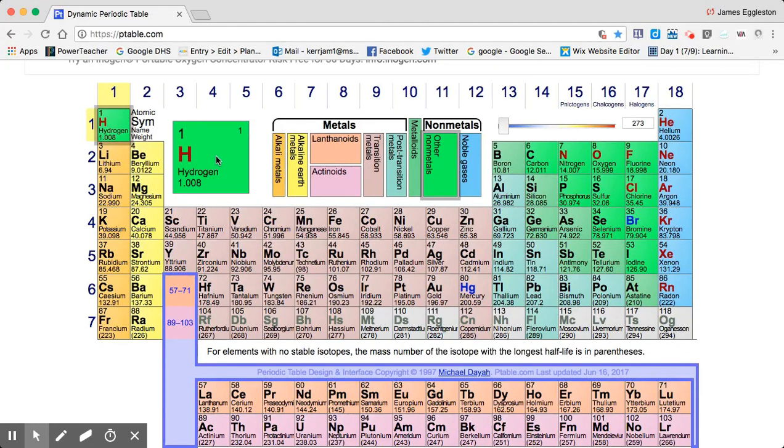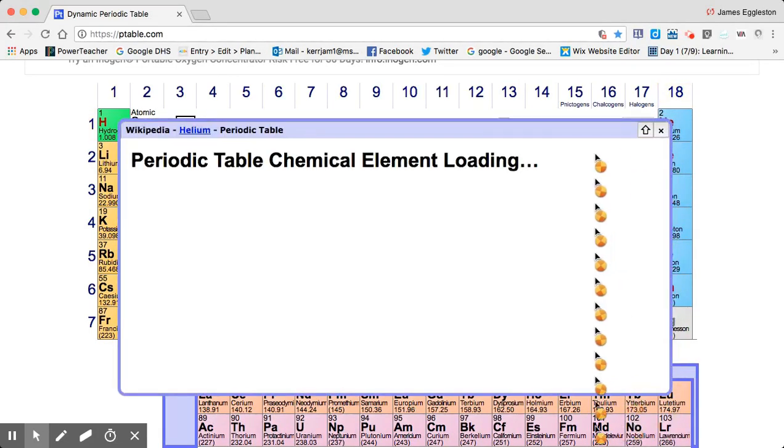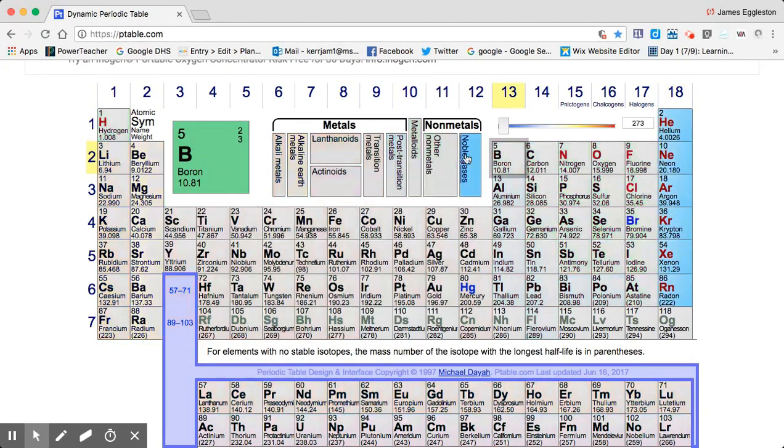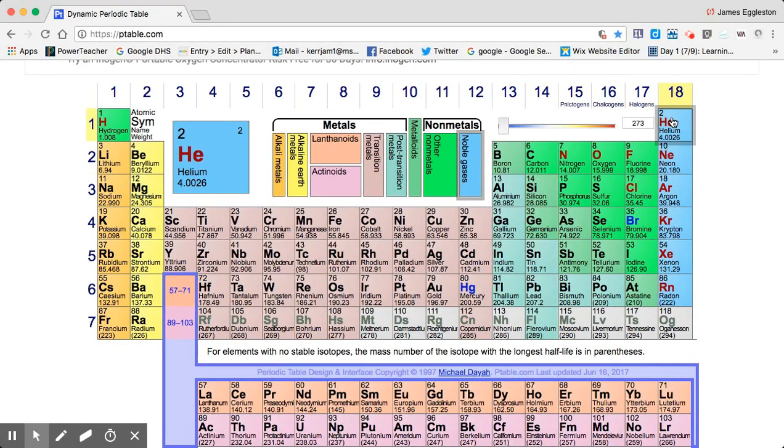Now, as we continue across the table, and this orientation across the table we call a row or a period, we find helium. And helium, as we see, has the atomic number of 2. And if you look over here to my left in the larger blue block, you can see more clearly as I indicate with my hand here that helium has atomic number of 2, meaning it has 2 protons.